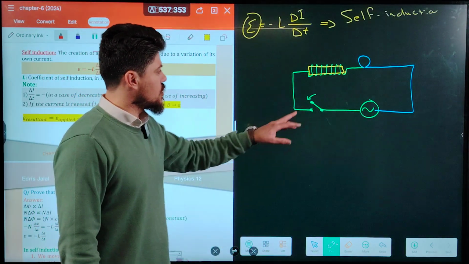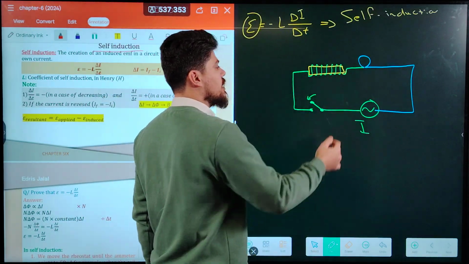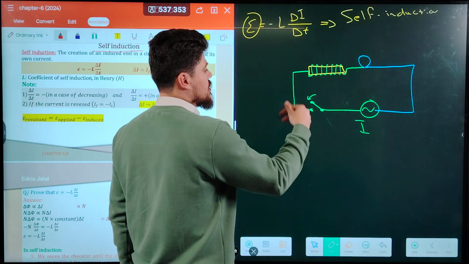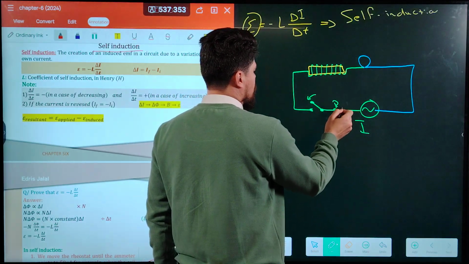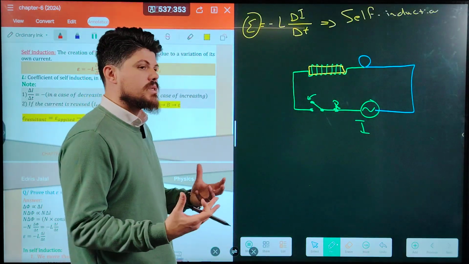If you close the switch, what happens to the current? The current increases. If you open the switch, the current decreases. Or if you have a rheostat, by this rheostat we can control the amount of current.